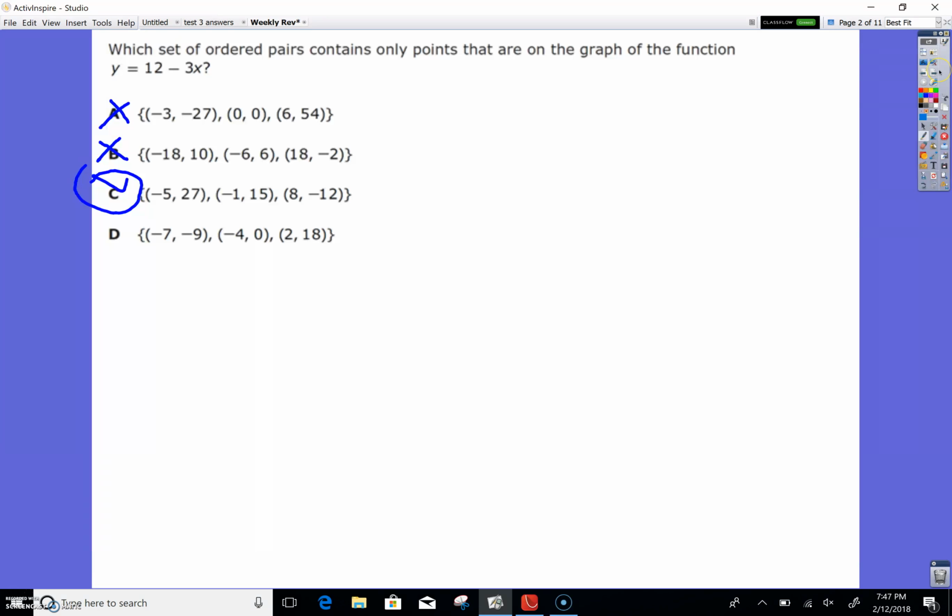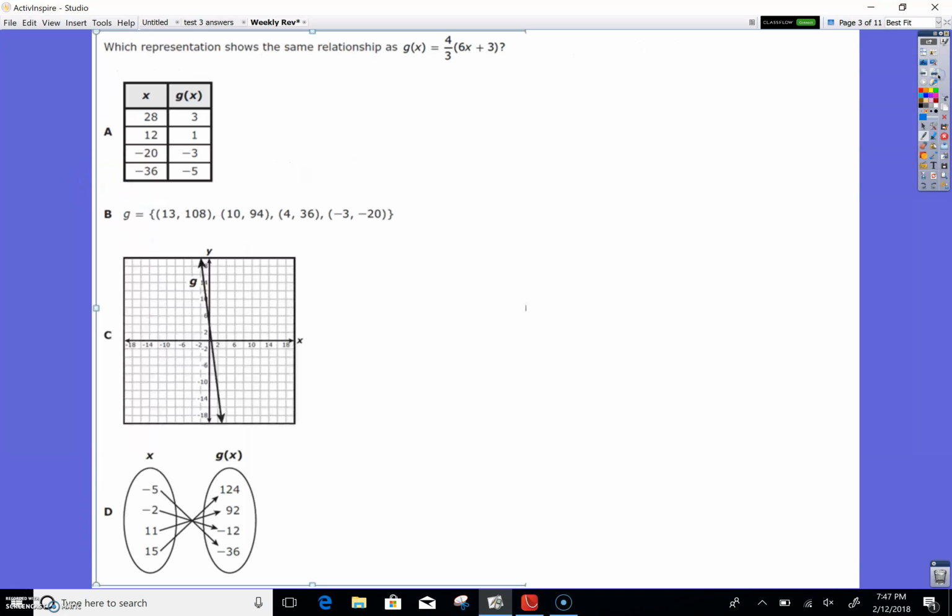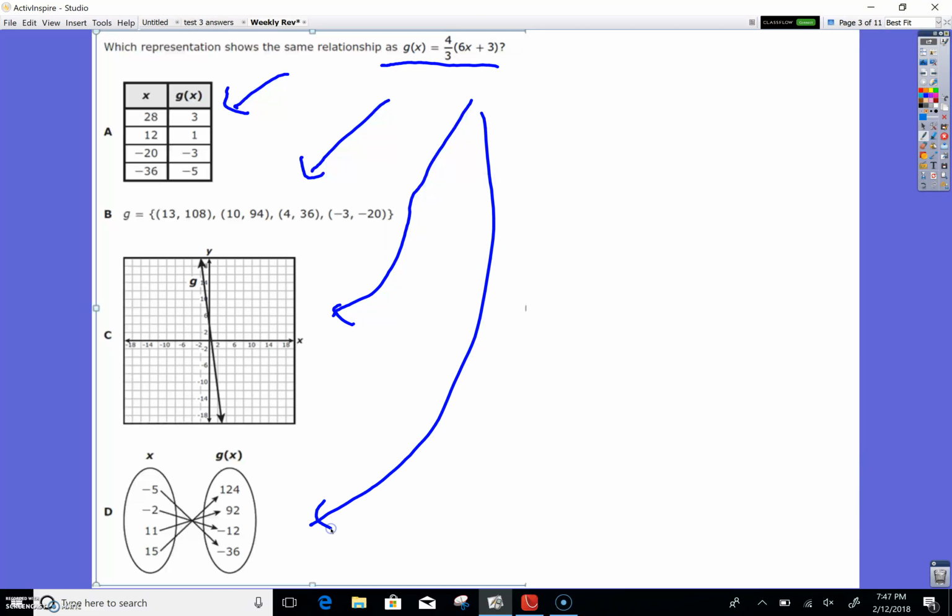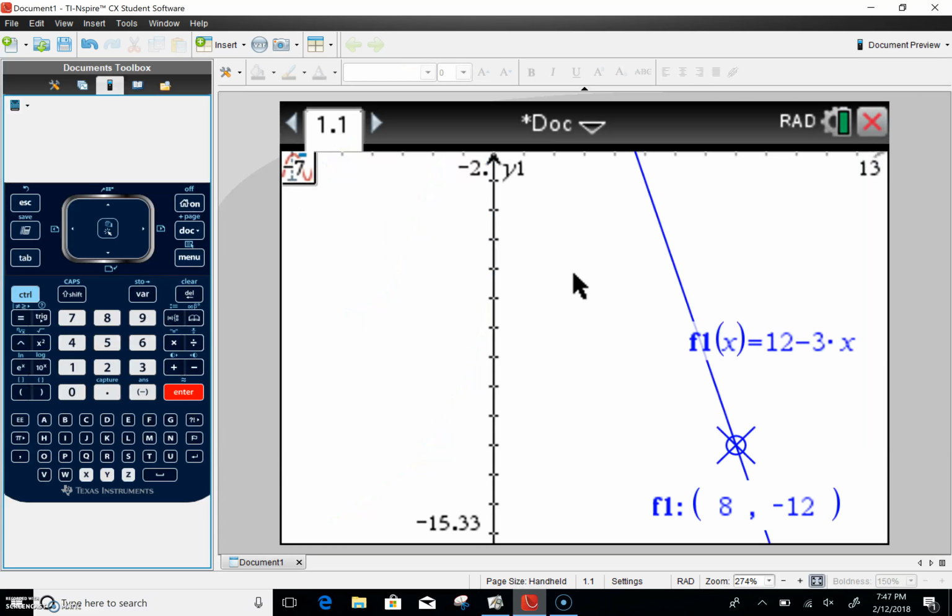Number 3. Okay, which shows the same relationship. So again, they give you an equation, be happy, because all you have to do is check that, check that, check that, and check that. So the first thing I'm going to do is put that in the calculator correctly. 4/3 times 6x plus 3.